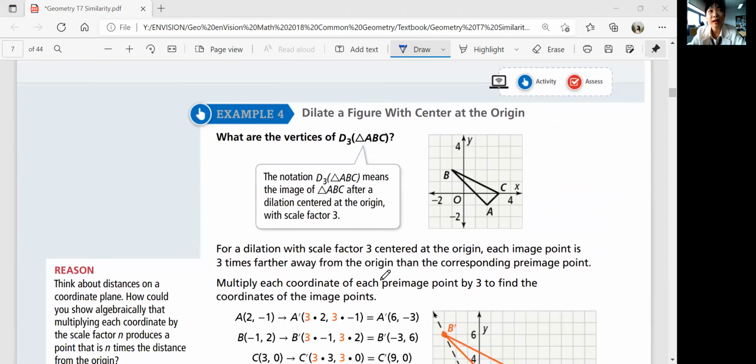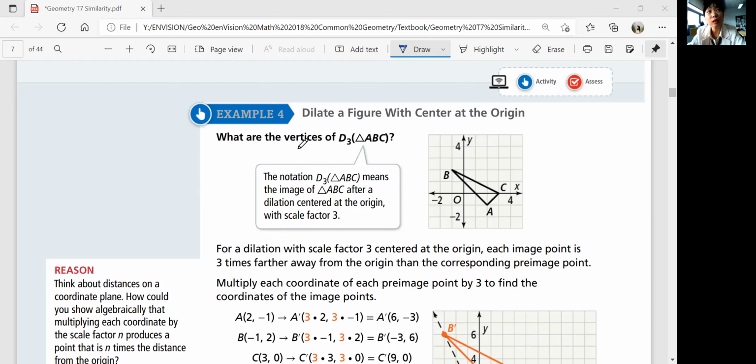Dilating a figure with center at the origin. What are the vertices of dilation sub 3, triangle ABC? So for the coordinate, what does this mean?